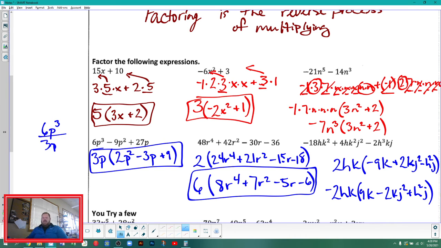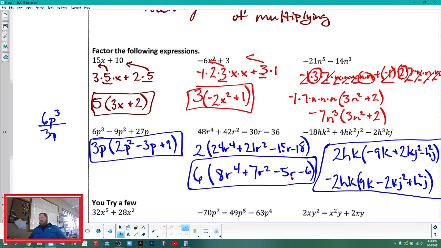And that's totally valid. There's no harm in it, but it's also not required. But sometimes people would rather have a negative out here than 2 negatives inside. Okay? But either way, that's totally fine.